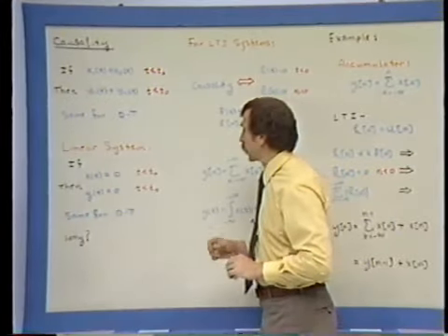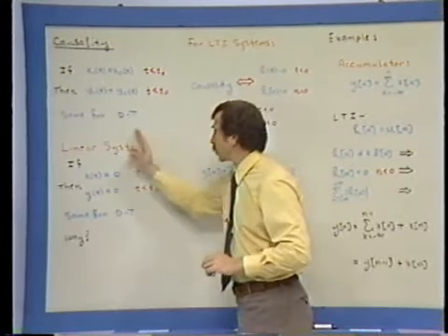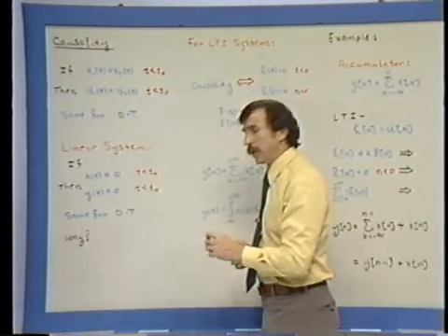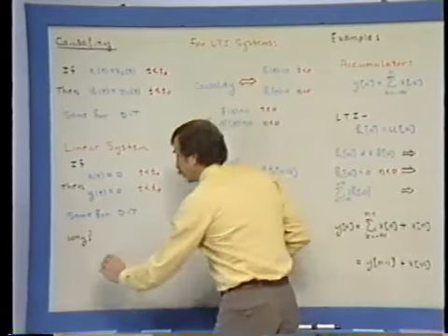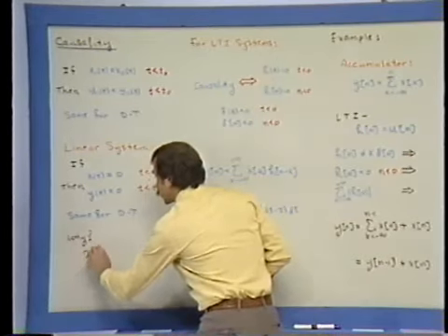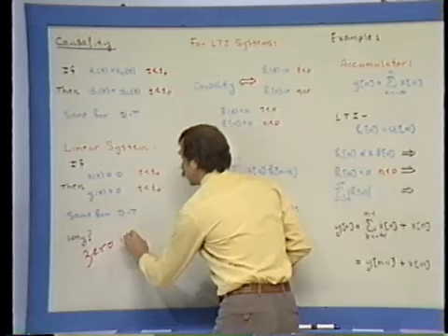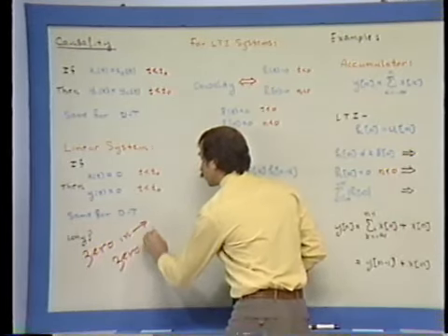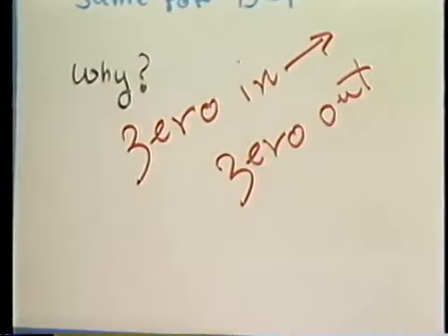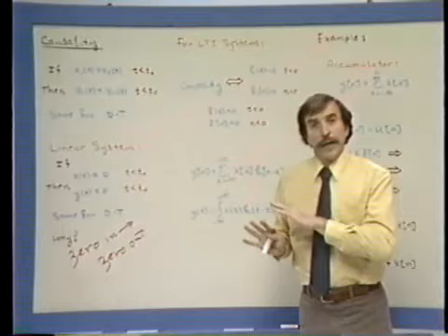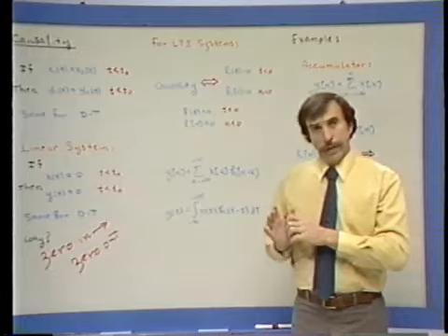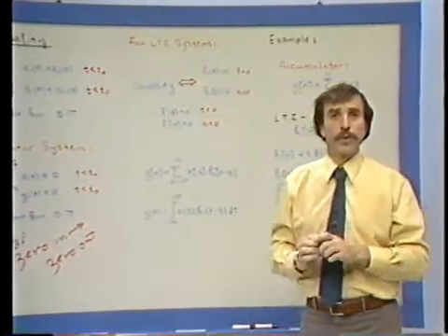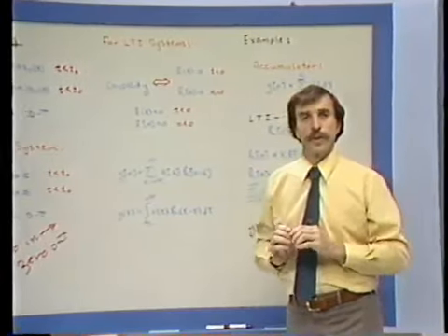So this basic result for linear systems is essentially a consequence of the statement that for a linear system, 0 in gives us 0 out. Now, that tells us how to interpret causality for linear systems.